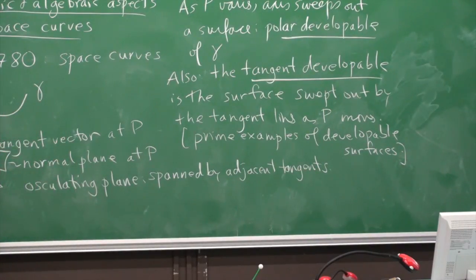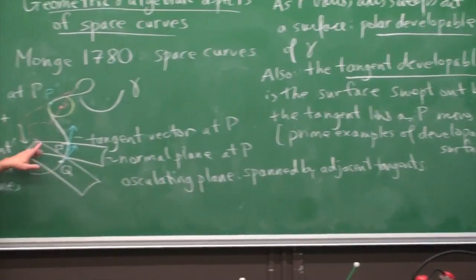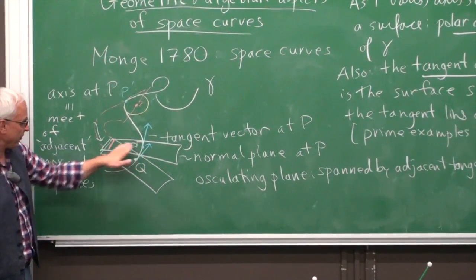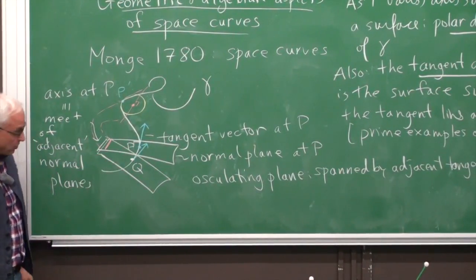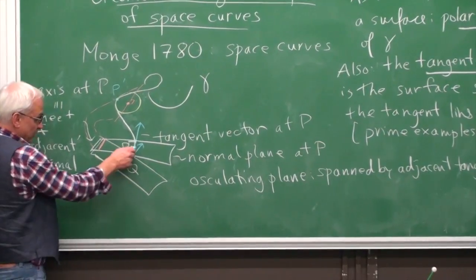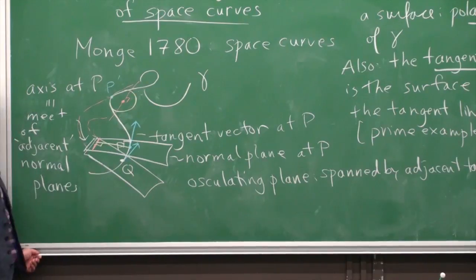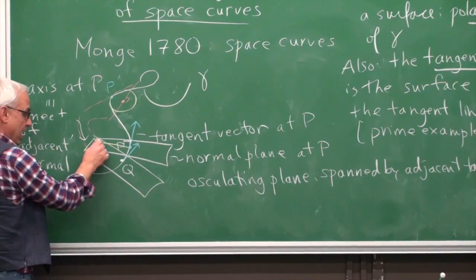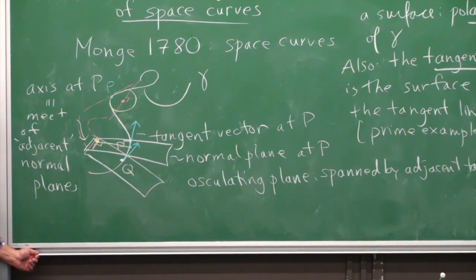Okay, there's also a little bit more that we can say. So if we go back to the point P and we look at this axis here, so here's a point P and here's a line on this normal plane. One thing else that we can do is we can drop a perpendicular from P to this line in this plane. So we can drop a perpendicular and we get a point. All right?